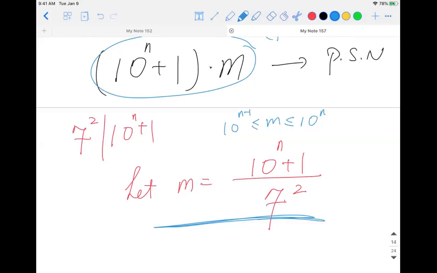If it is divided by 7 square, it is not going to be an n-digit number; it's going to be maybe n minus 1 digits. You divide by 50, you actually divide a lot. So it looks like I'm stuck from here because I have no idea what to do. 10 to the power of n plus 1 is possibly a multiple of 7 square, but I'm stuck; I have no idea what this m is.